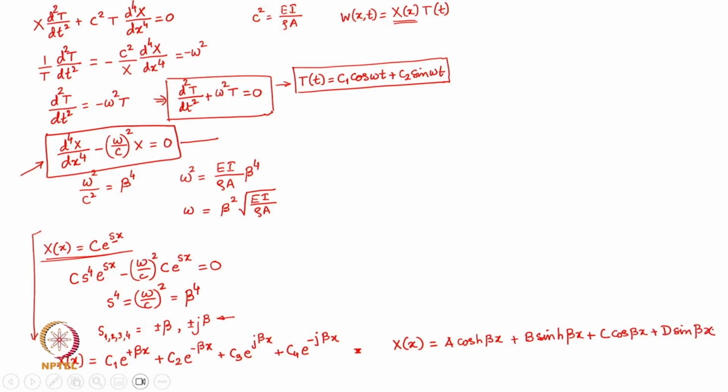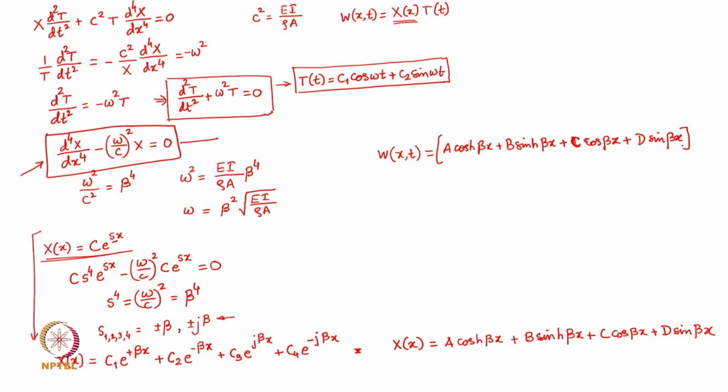So this is going to be an alternate form of the same solution, and therefore finally the complete solution w(x, t), the lateral vibration response, is going to be a cosh beta x plus b sinh beta x plus c cos beta x plus d sin beta x.